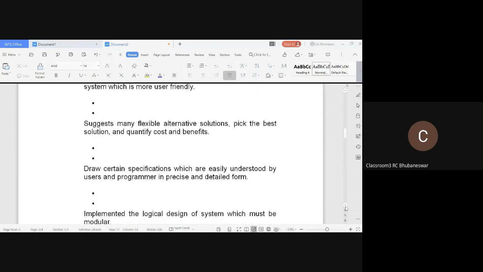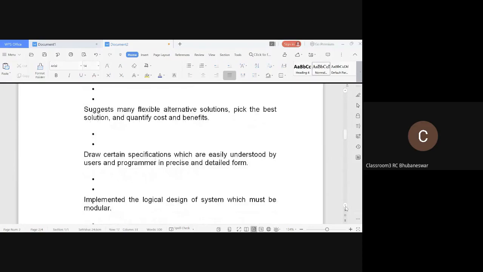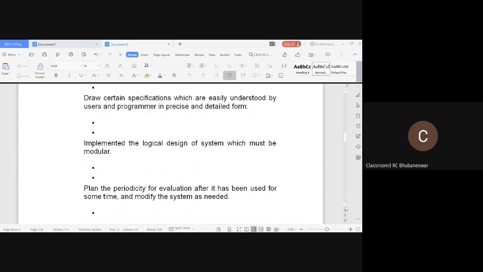Now there are so many points. If I start discussions, then it will take much time. Now look here. They should draw certain specifications which are easily understood by the users and programmers. Suppose you have designed, but programmers as well as users are not able to understand.